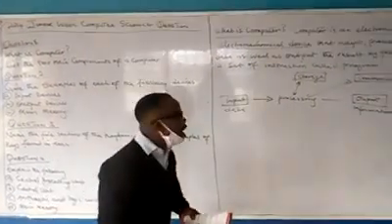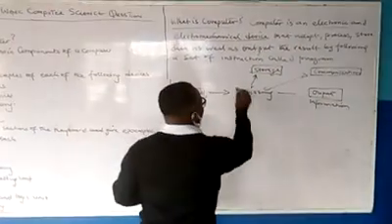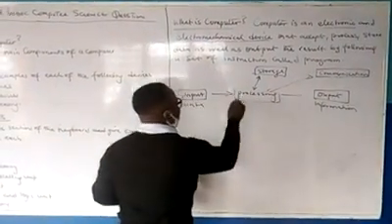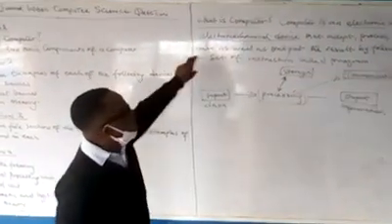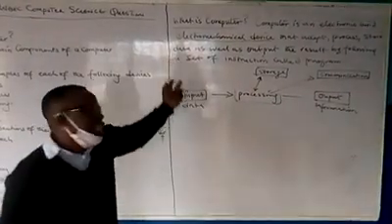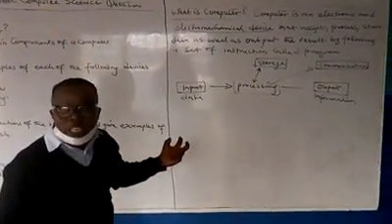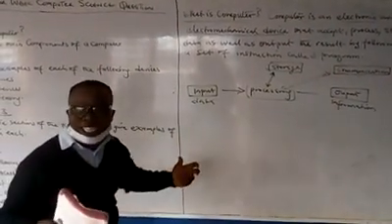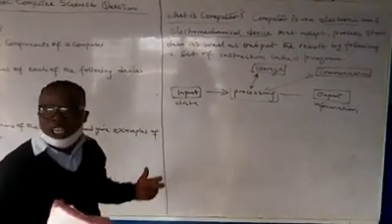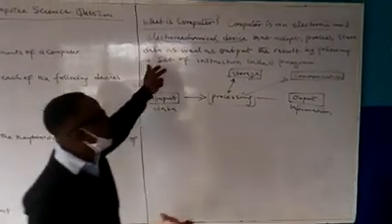When I say 2 main components, when you look at the definition, you can extract the main components. When I say main component, it means the major parts that make up the computer and make it function. And what is the functionality of the computer?